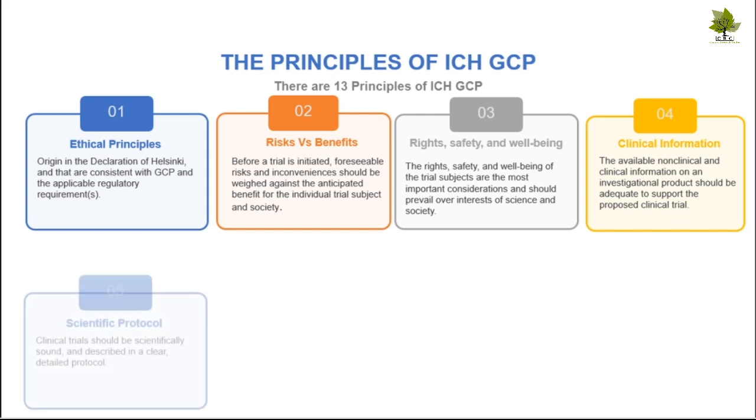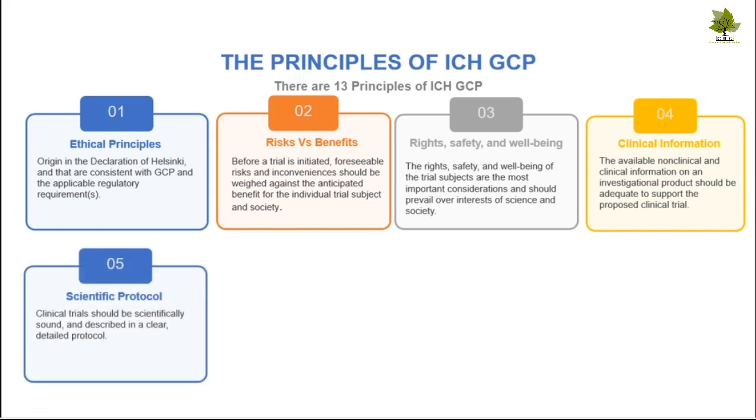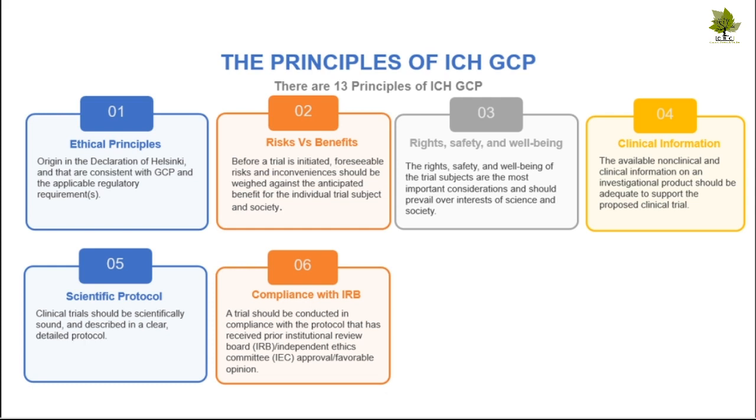The fifth principle discusses the scientific protocol. Clinical trials should be scientifically sound and described in a clear, detailed protocol. A trial should be conducted in compliance with the protocol that has received prior Institutional Review Board, IRB, or Independent Ethics Committee, IEC, approval or favorable opinion.